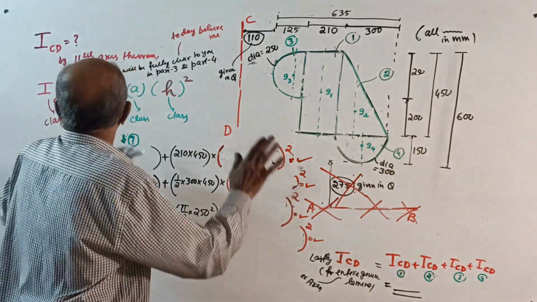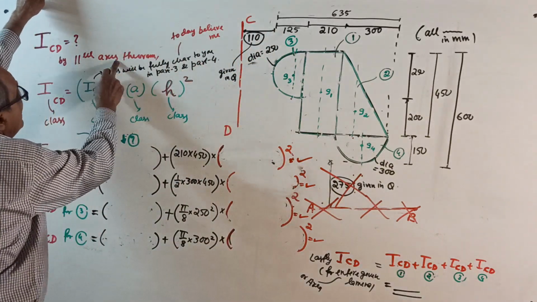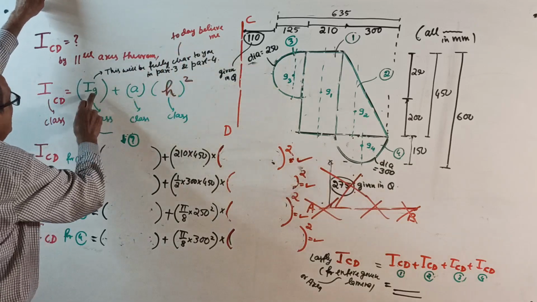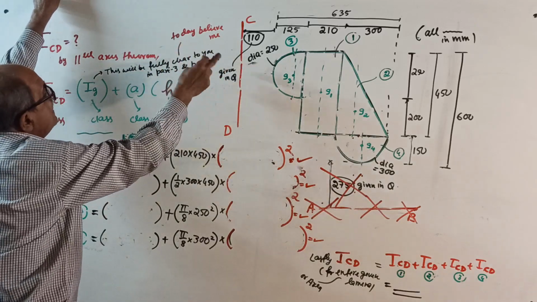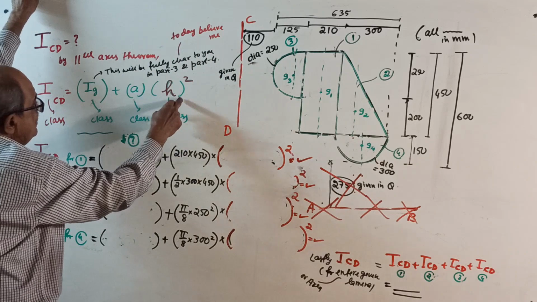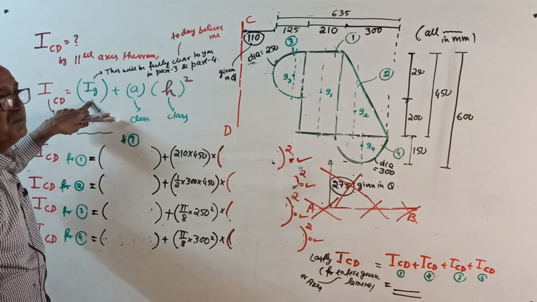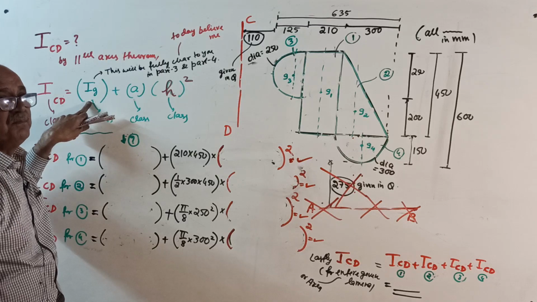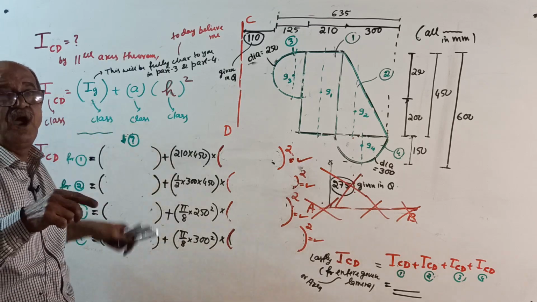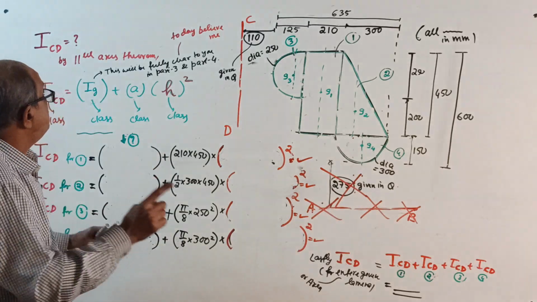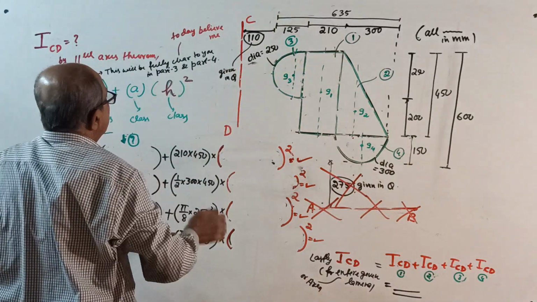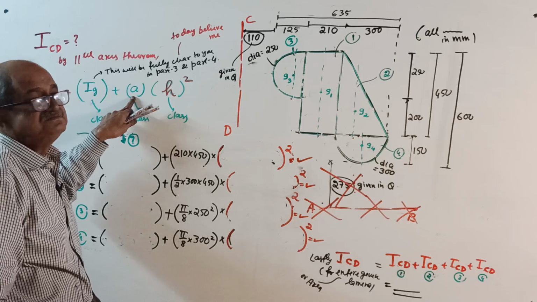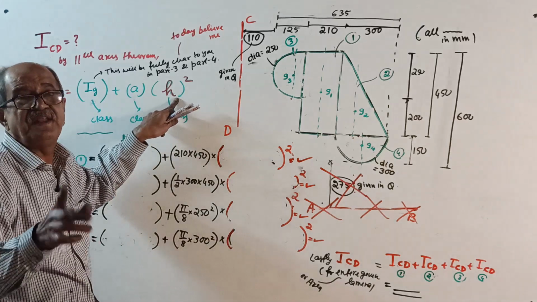Okay. Now, ICD by the parallel axis theorem: IG, this will be fully clear later, believe me today, plus A into H square. IG is I about an axis passing through the centroid of the component and parallel to the CD axis. A is the area of the component considered.